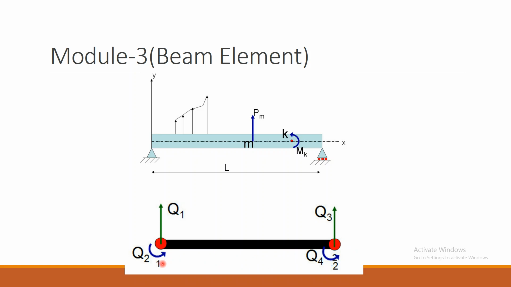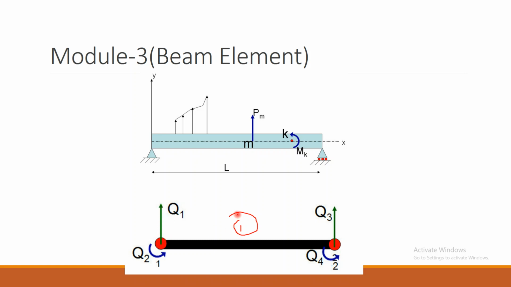Element 1 has two nodes, node 1 and node 2, and at each node we should define its displacements also. As we said previously, it has the linear displacement first and after that the angular displacement.